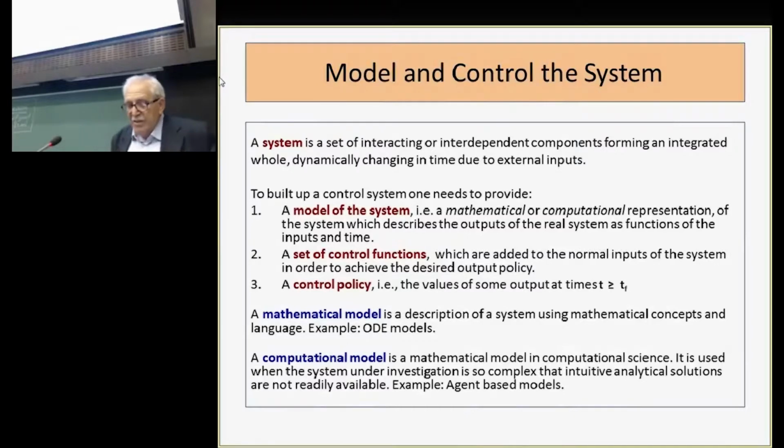So we need to have a model of this system, which is a mathematical or computational representation of the system, in which they describe the outputs of the real system as a function of input. And then they have to collect a set of control functions in order to achieve the control policy. And of course, a control policy.